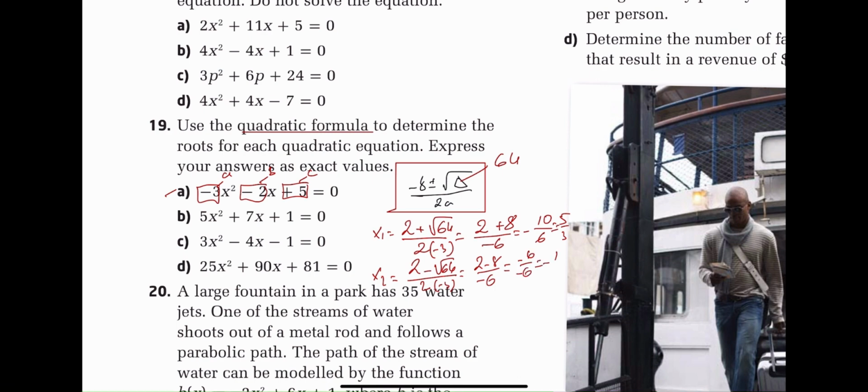So both answers are minus 5 over 3 and minus 1. This graph is facing down, and it will be touching the x-axis in two points, minus 1 and minus 5 over 3.